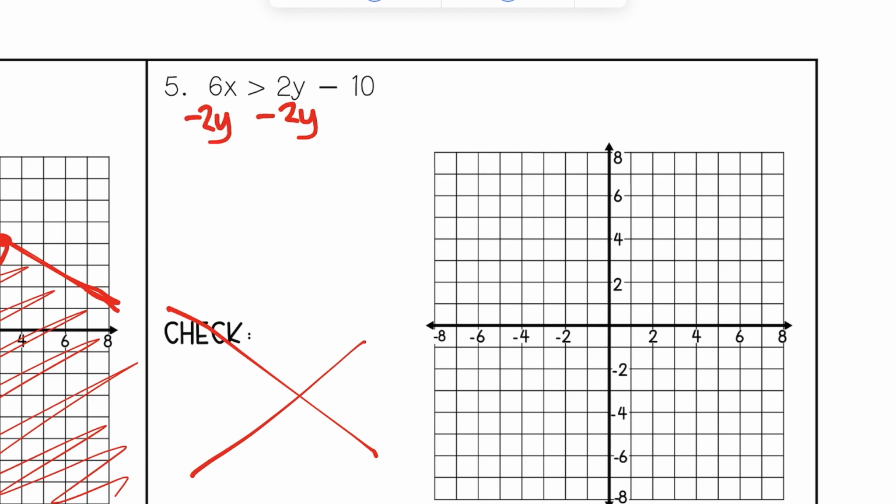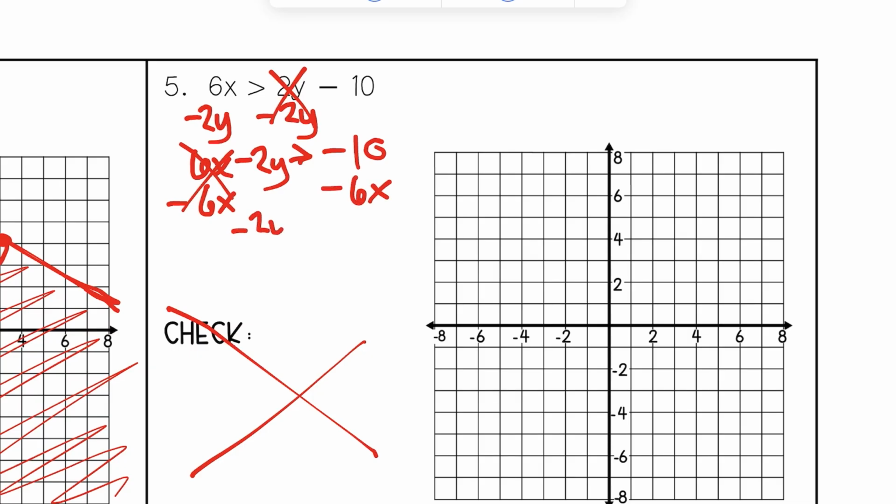Then, when these go, I do 6x minus 2y is greater than negative 10. Then I've got to get this x out of here so my y can be by itself on that side. Do minus 6x, minus 6x.